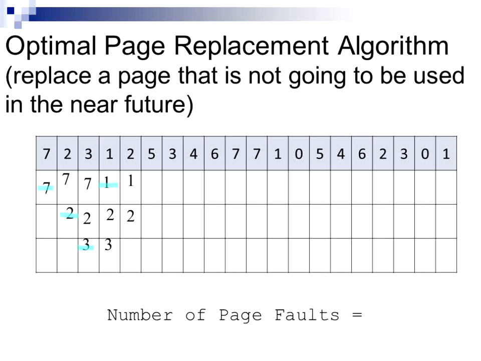So this algorithm really isn't used in practice. In other words, an operating system does not implement this particular algorithm, but it's used to determine how good the other algorithms are, because we compare the other algorithms to this one.